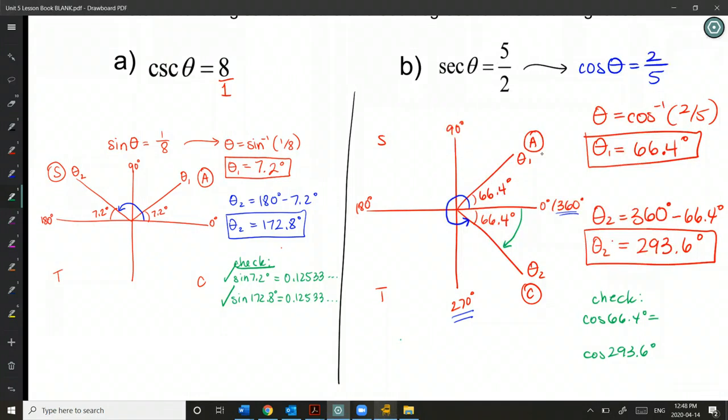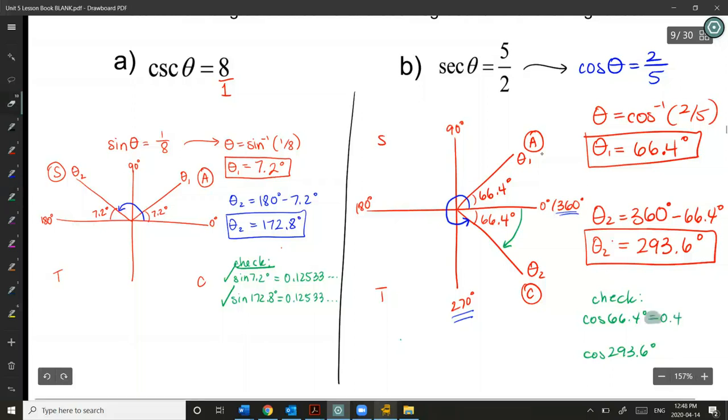So if we plug it in, because we've rounded a little bit, it will be slightly off, but we should get 2/5. So this is about equal to 0.4. And that's actually equal to 2/5 if we calculate 2/5 as a decimal. So that's good enough for me. And this one will also be approximately equal to 0.4 as well.